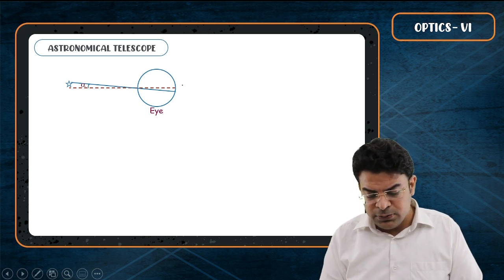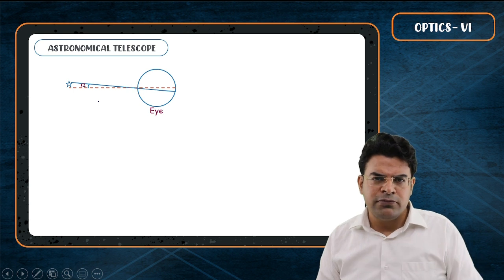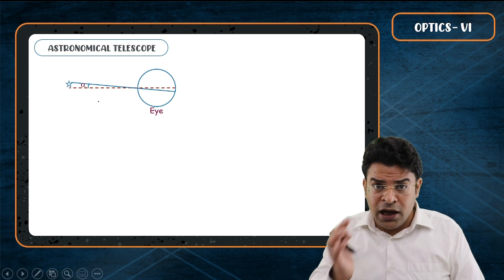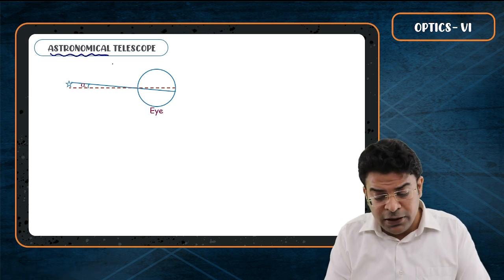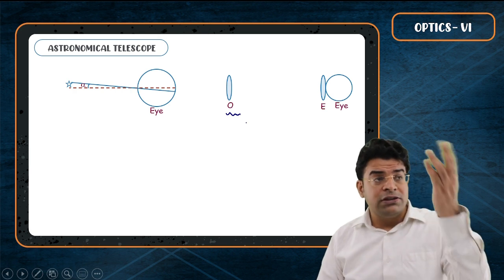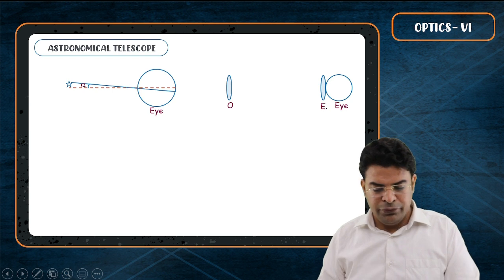Let's say that this small angle is alpha. So how do we overcome this problem? We use a telescope. Now, the type of telescope we are using is called astronomical telescope. It again has two lenses. One is called the objective, which points towards the star, and one is called the eyepiece, which is just placed in front of our eye.